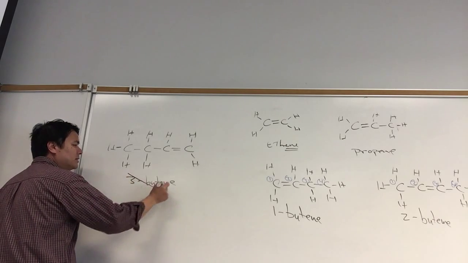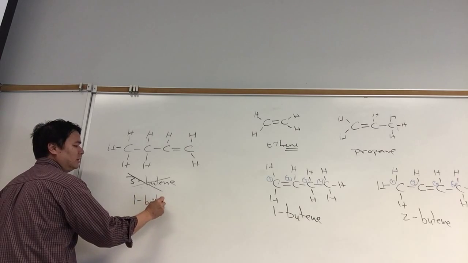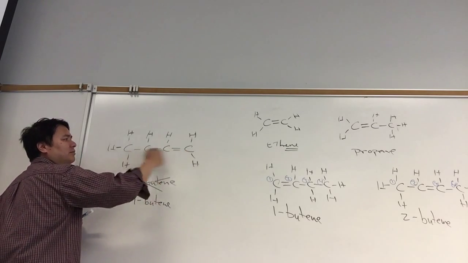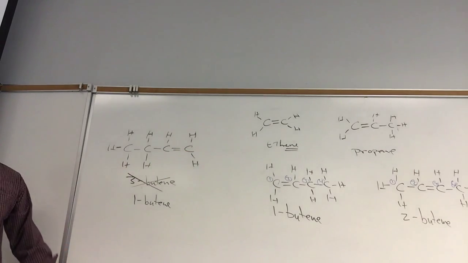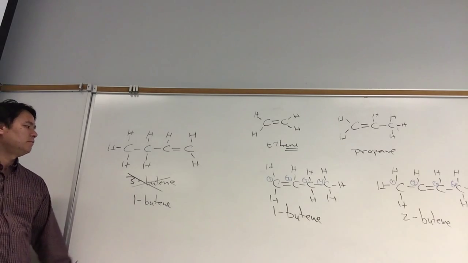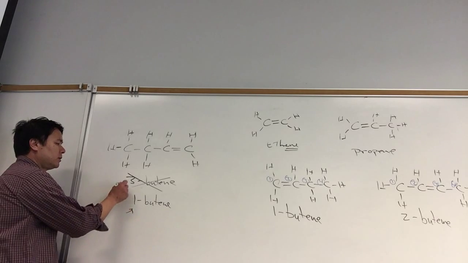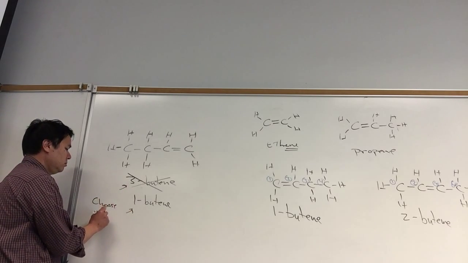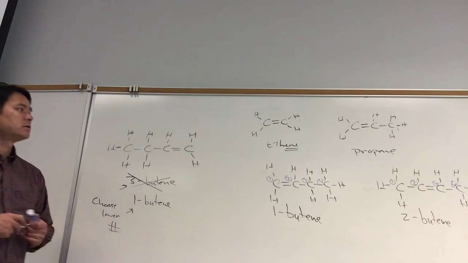But it's not actually 3-butene. This is the same as 1-butene. Because if I flip it over, or if I number it right to left rather than left to right, it doesn't matter. This thing's moving in space anyway. And so this is 1-butene. And so what we do is we always choose the lower number.